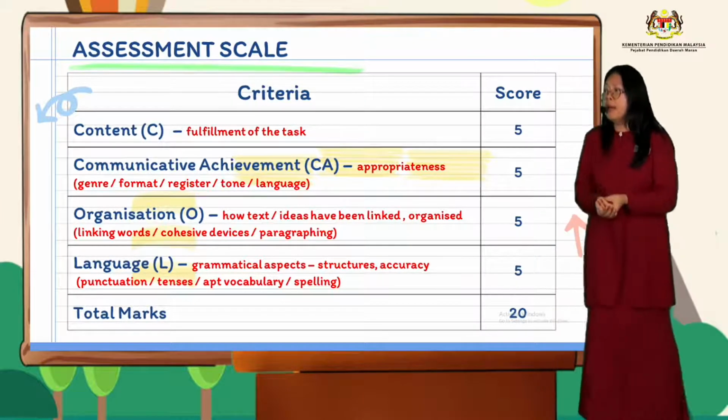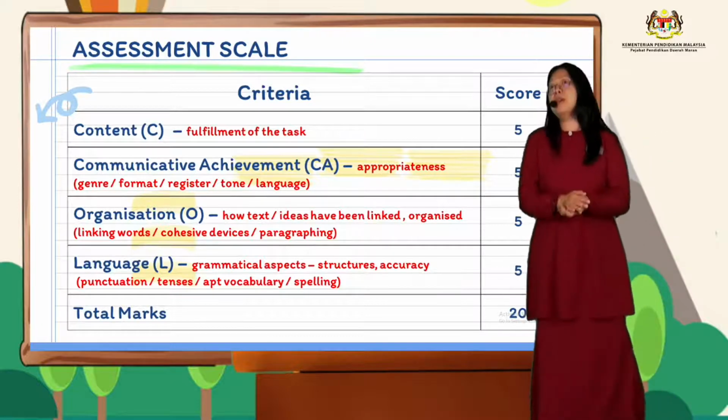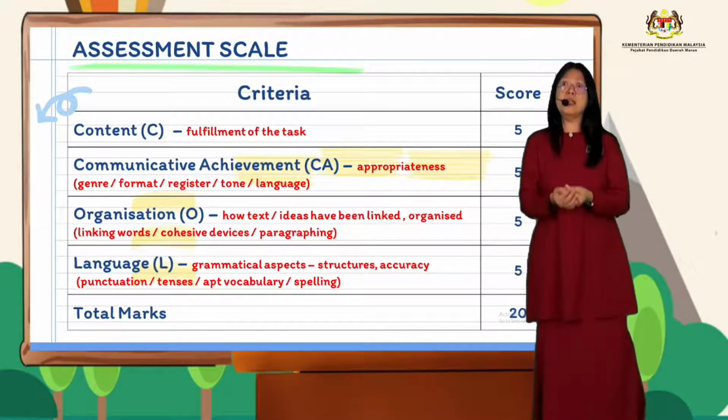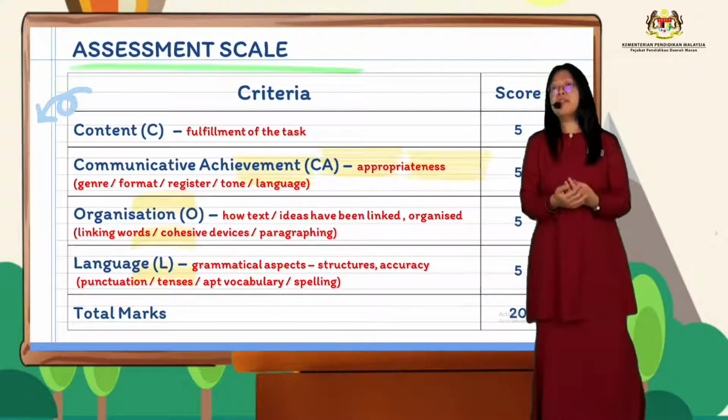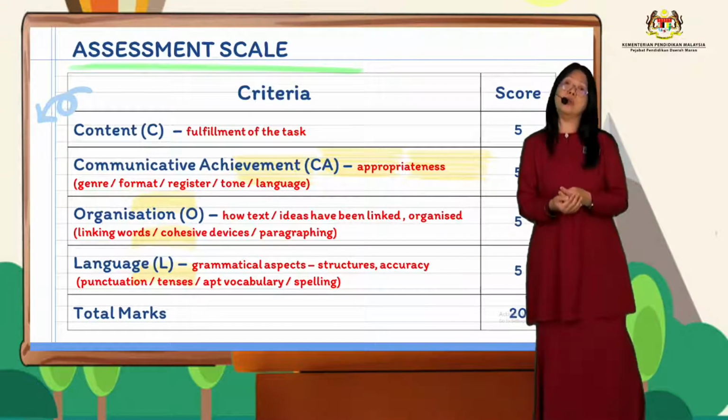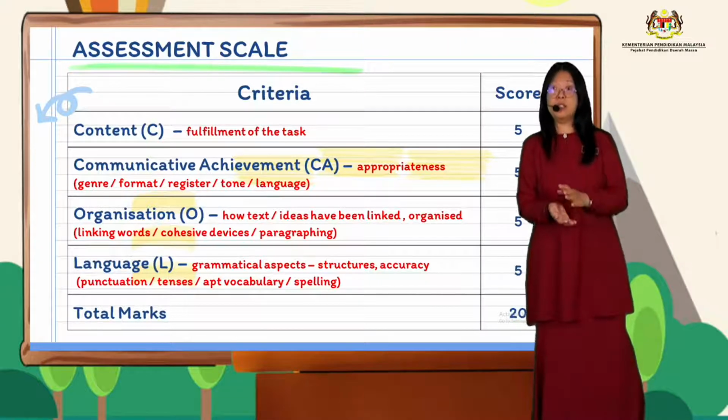A message or email can be formal or informal. So you must use the correct language, the correct function, and also the correct tones. That's for communicative achievement.